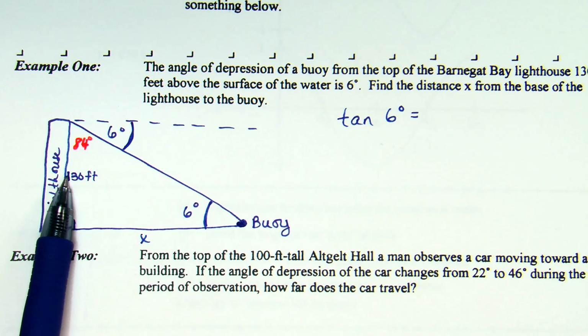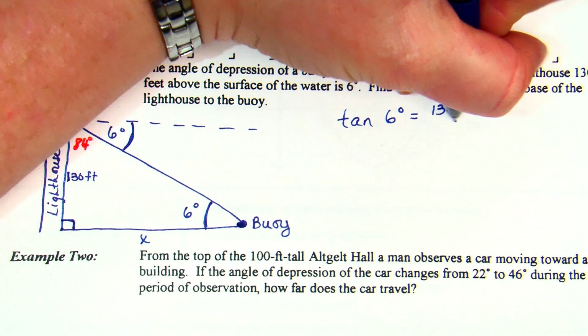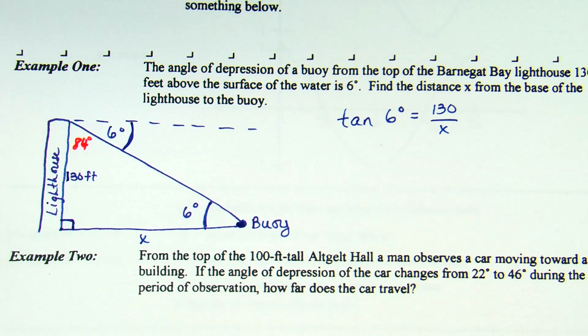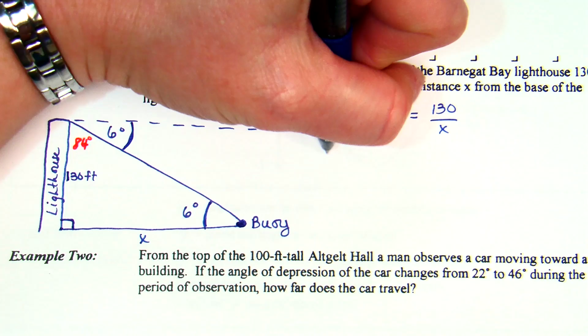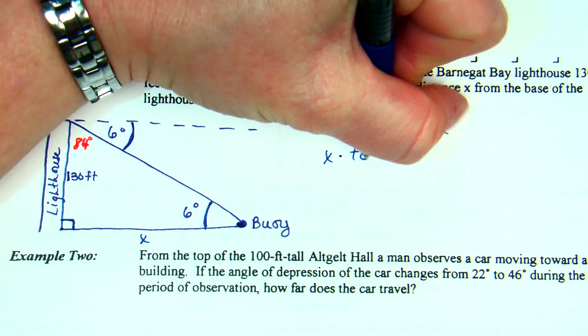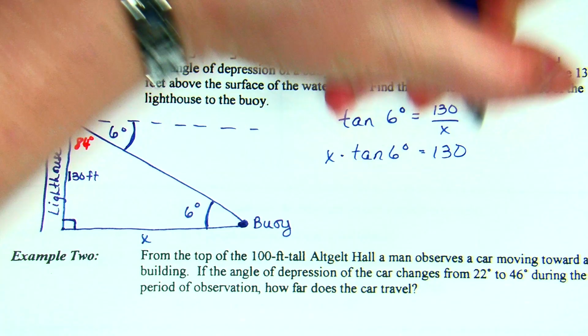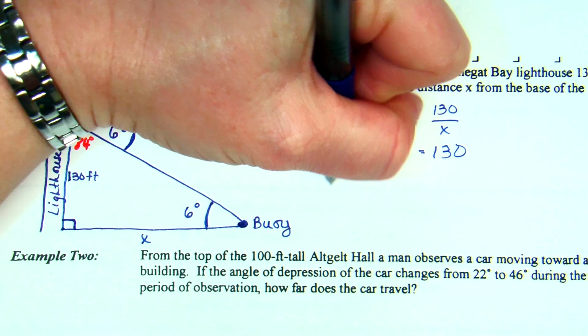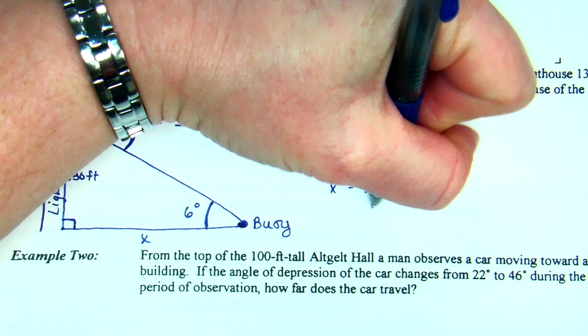And then, yeah, I think of it as times by x to get x out of the denominator. So if I'm timesing by x to get x out of the denominator, it becomes x times tangent 6 equals 130. To get x by itself then, divide by tangent. So 130 divide by tangent 6 degrees.